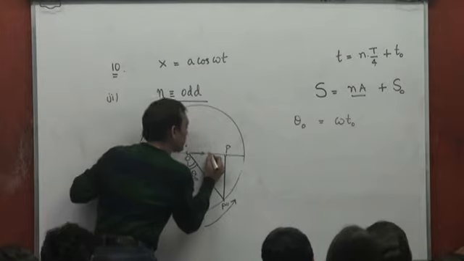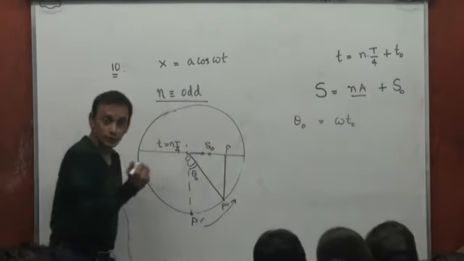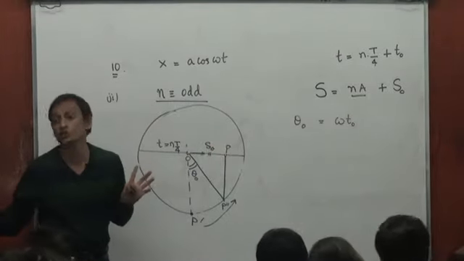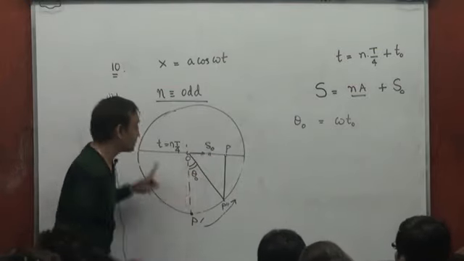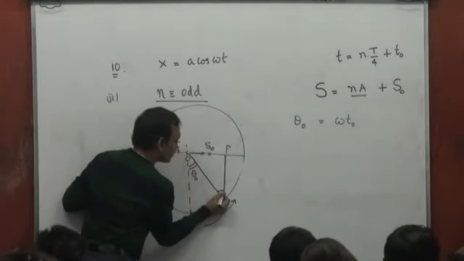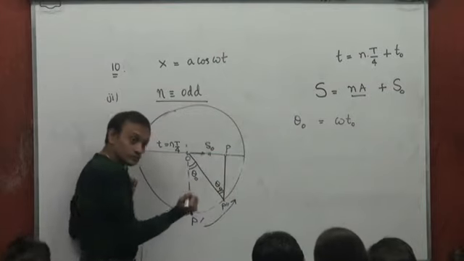So O to P would be referred to as S naught. The residual distance in the residual time T naught would be S naught. And if this is theta naught, realize that this will be theta naught.